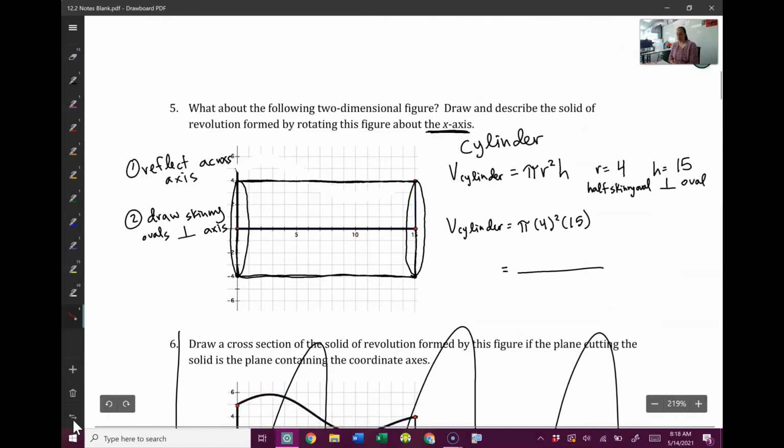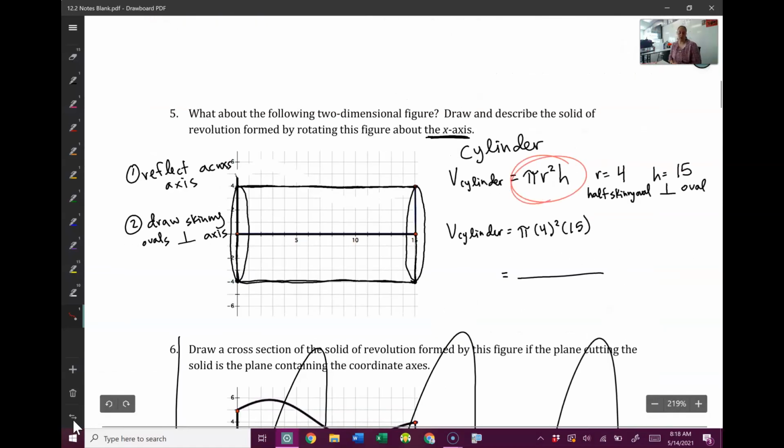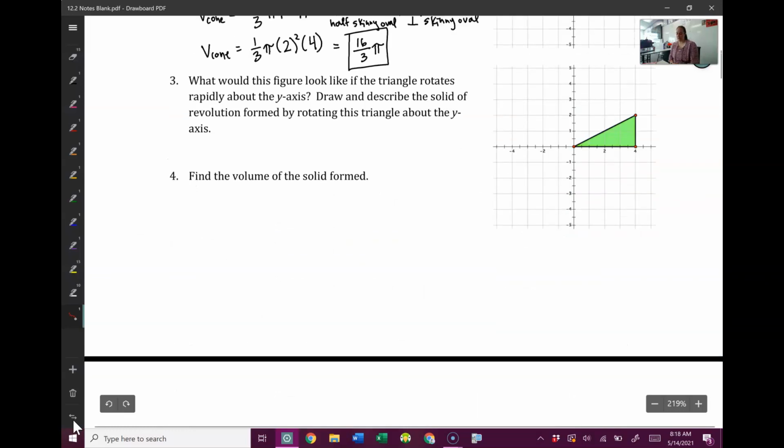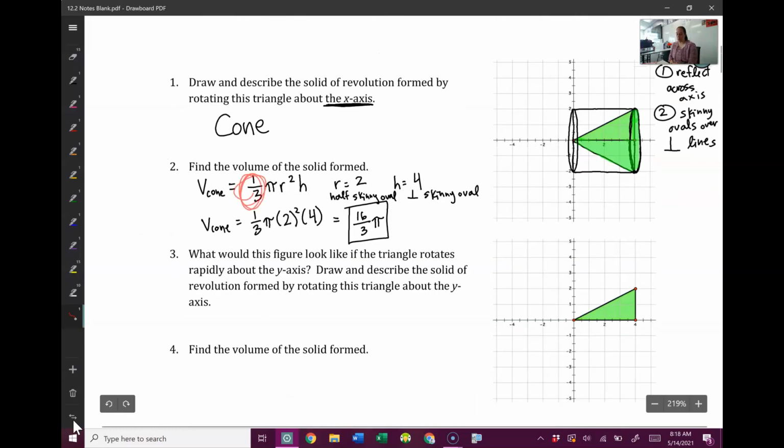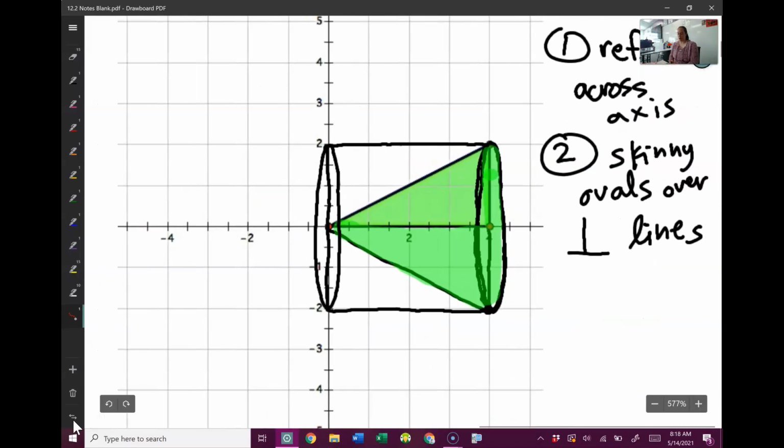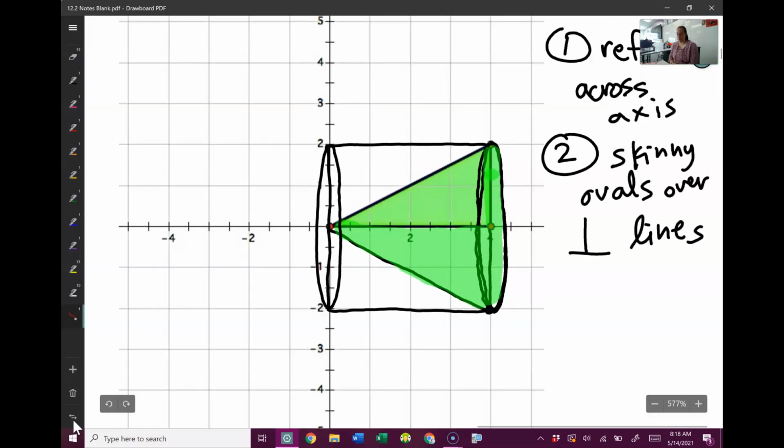That's why the equation for a cylinder is pi r squared h, and for a cone it's 1/3 pi r squared h, because a cone is a fraction of a cylinder. So that's where those equations come from. This cone is 1/3 of this whole cylinder shape.